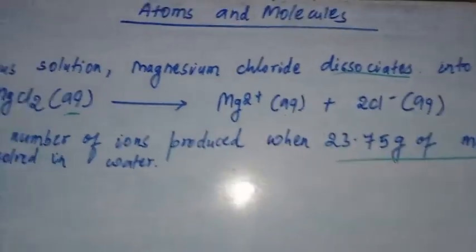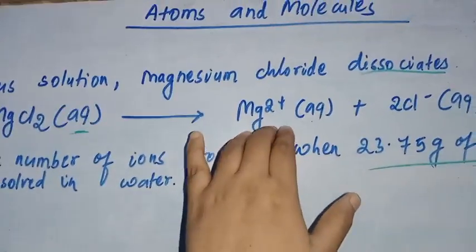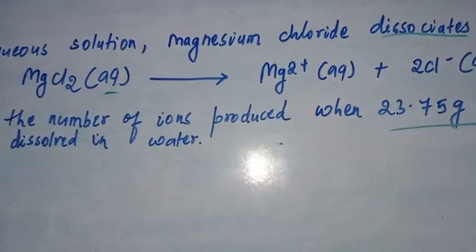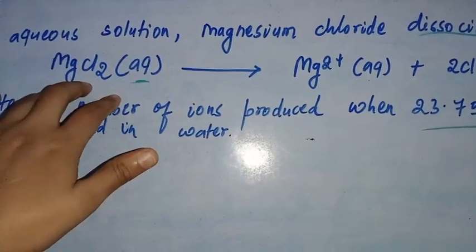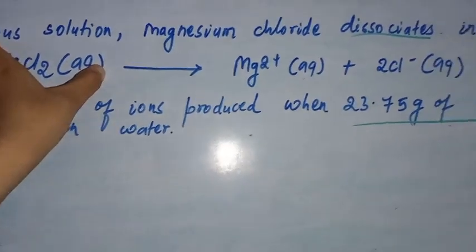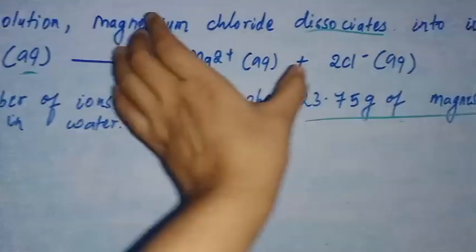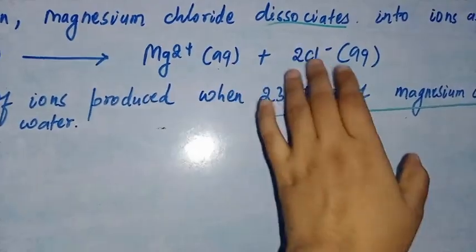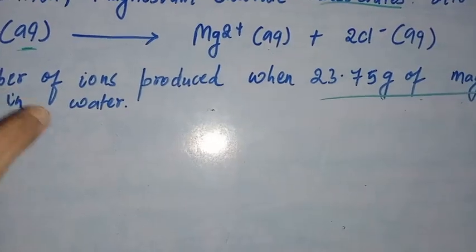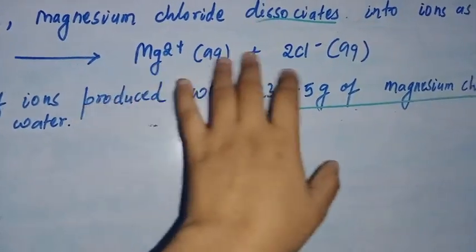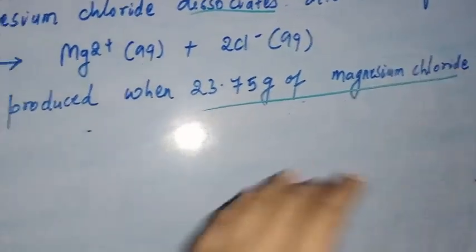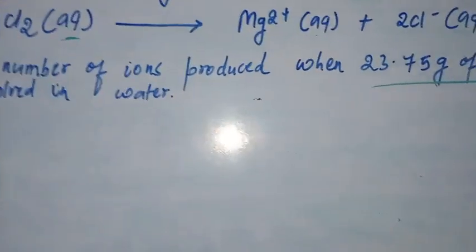So number of ions means it is asking for the total number of magnesium ions and chloride ions present in the MgCl2 solution. Means when it is dissolved in water, then the total number of magnesium and chloride ions produced, that we have to calculate, in 23.75 gram of magnesium chloride.